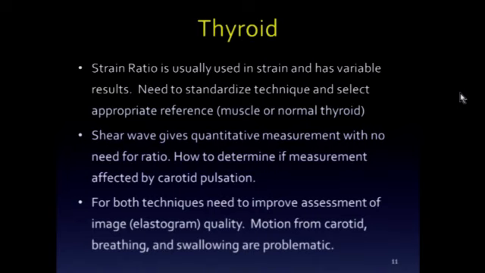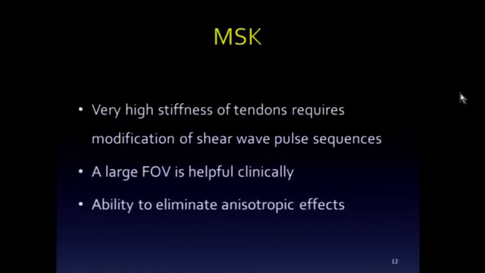So for both techniques, strain and shear wave, we need to improve our assessment of the image, the elastogram quality, motion from the carotid, breathing, and swallowing. For MSK, we have very high stiffness values of the tendons, and we really need modification of the shear wave pulse sequences.